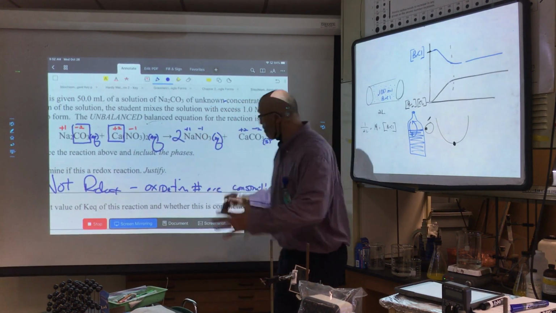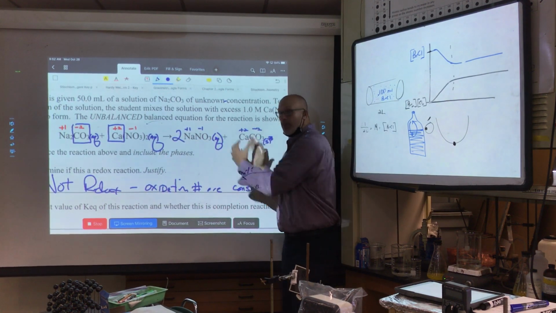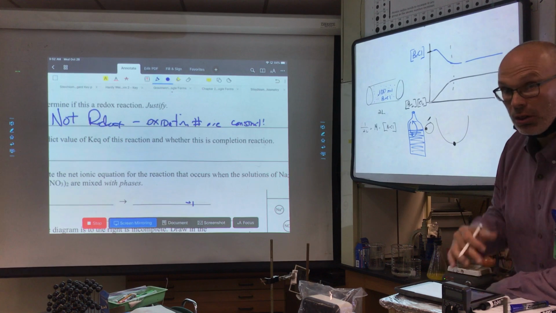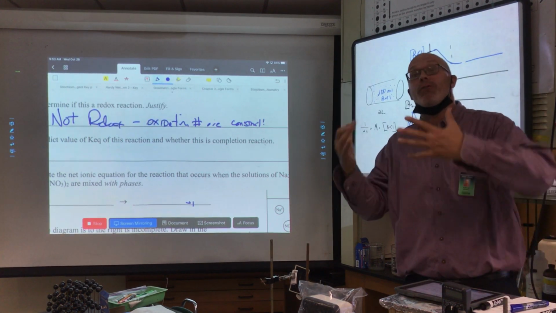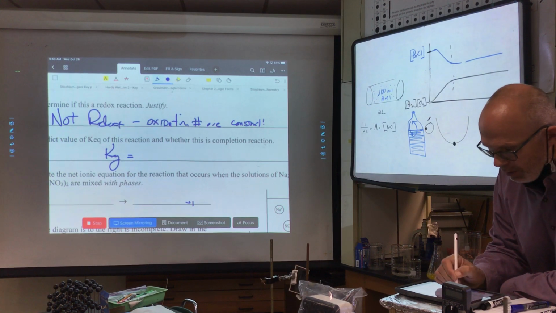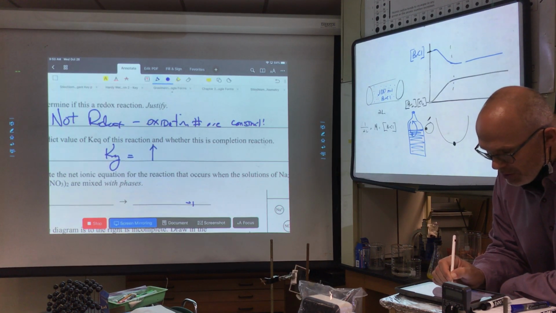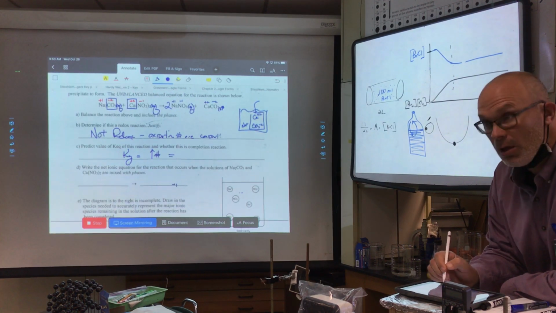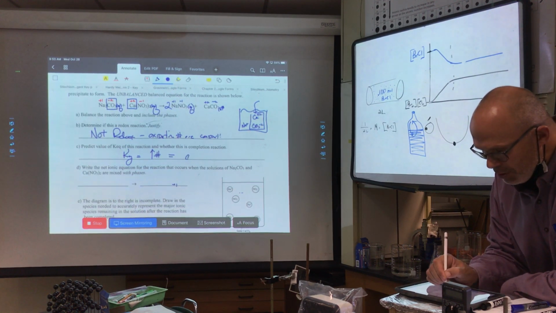If this is going to have a tremendous amount of products, what's the KEQ value? Larger, huge, reaching infinity. So KEQ is going to equal a large number, and that large KEQ means completion.